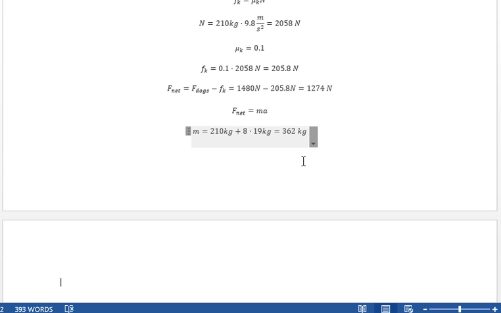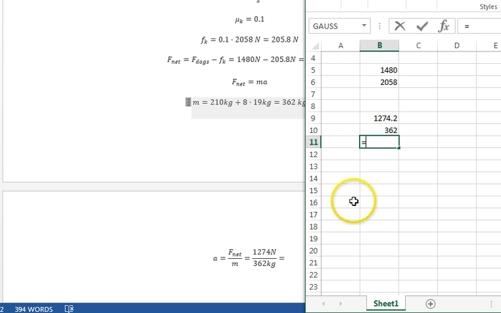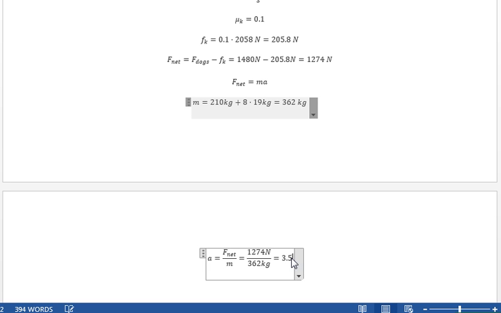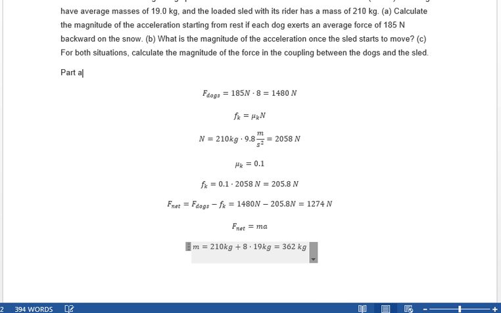We have a mass of 362 kilos and a net force of 1274 newtons. That means the acceleration equals the net force divided by the mass, 1274 newtons divided by 362 kilos, which is 3.52 meters per second squared.